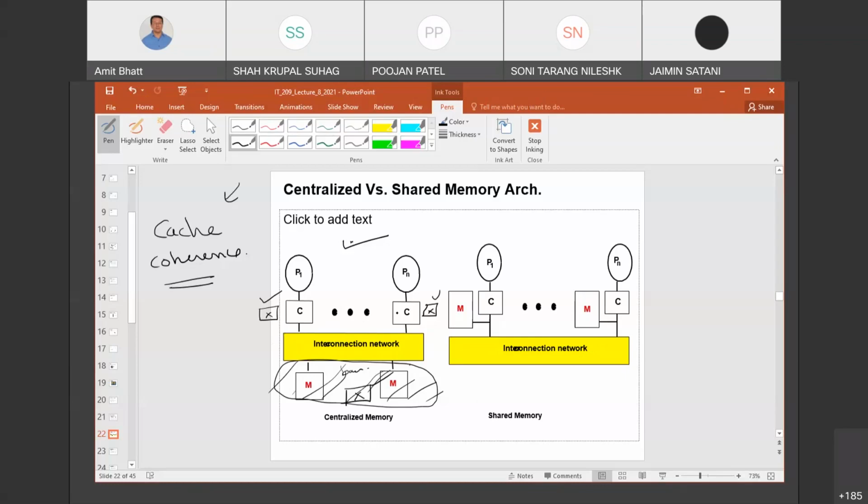Exactly. So it will be flooded with messages going back and forth. And most of the traffic would be only for cache coherence. Along with it, it also has to get new blocks. It has to do write back, or sometimes write through. So all those things will put an upper limit on how many cores can be used.